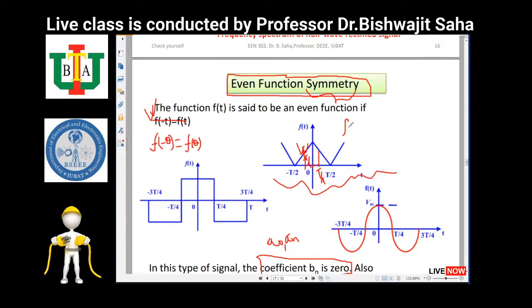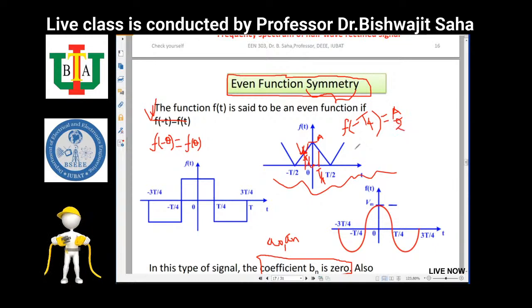That's why f of minus T by 4, whatever you consider, this might be half of A. If it is A, what would it be? Definitely half, right? T by 4, half. So A by 2, consider A by 2. It is an example, there is no concrete solution, this is a prediction.